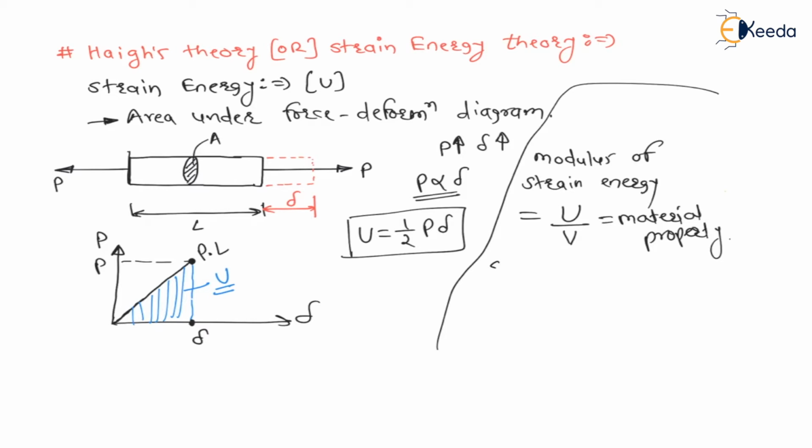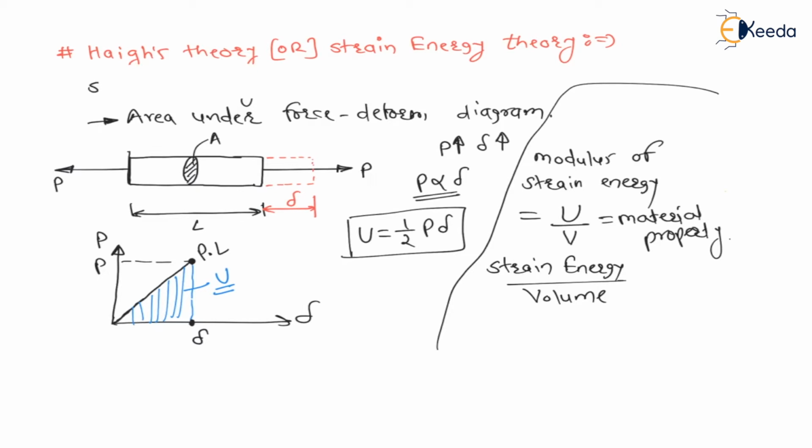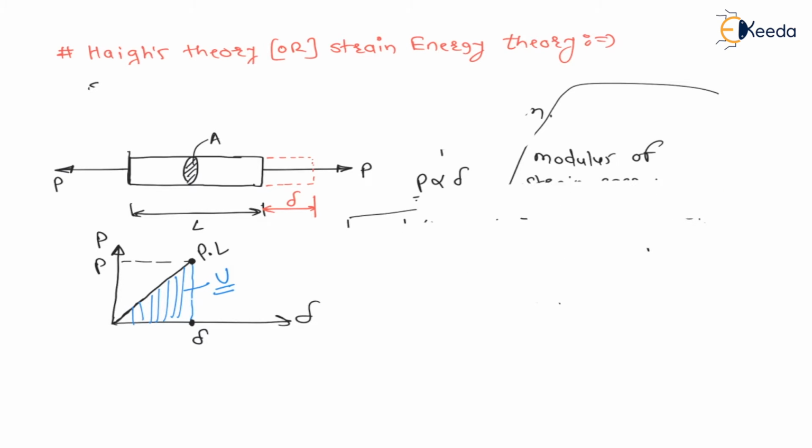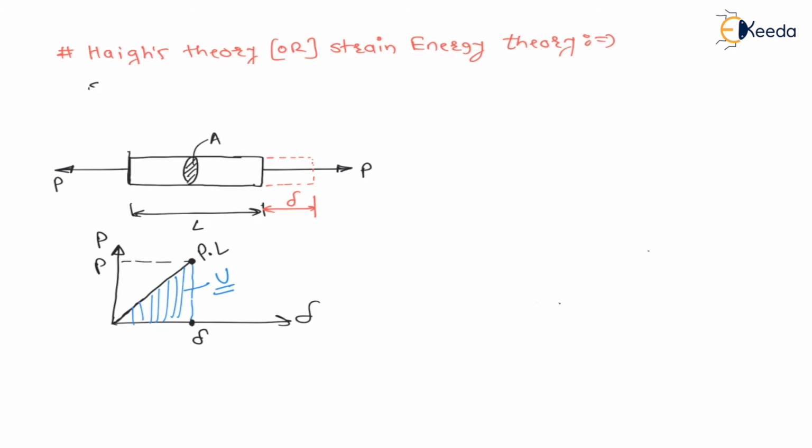Therefore, the concept of strain energy per unit volume is what we are considering here. For this component, if you write strain energy per unit volume, what will we get? The volume of this component is area into length.